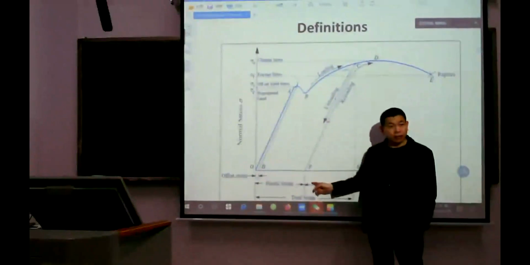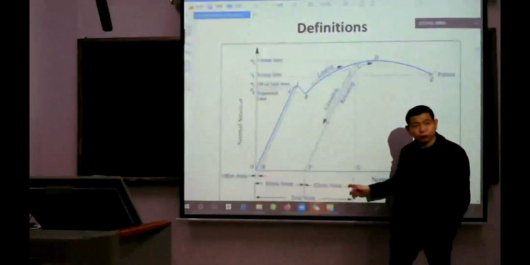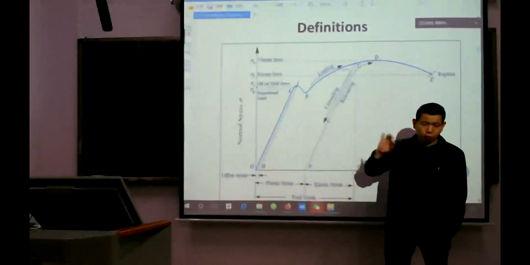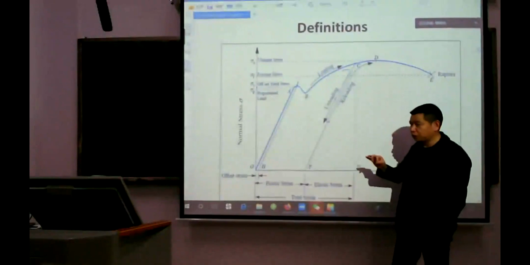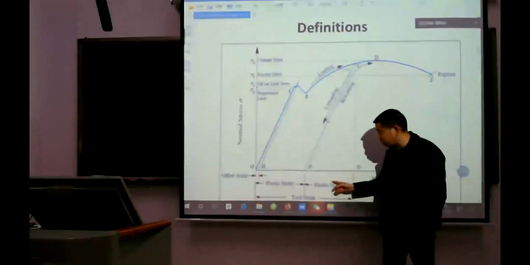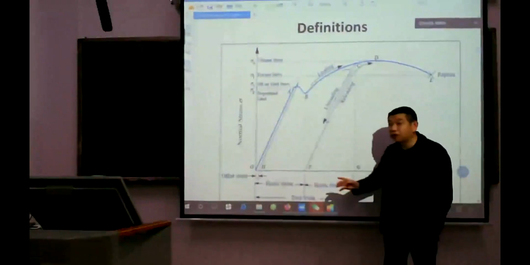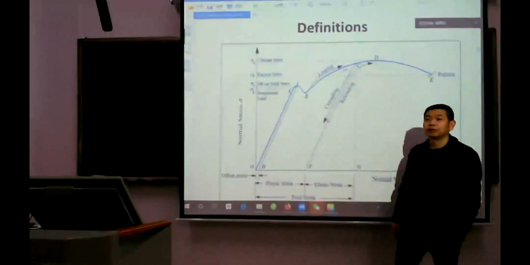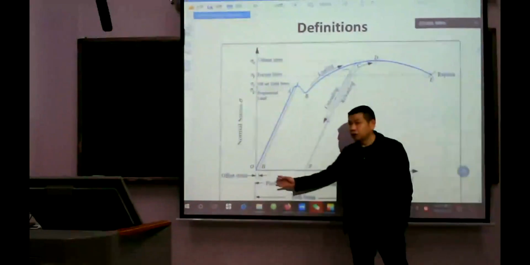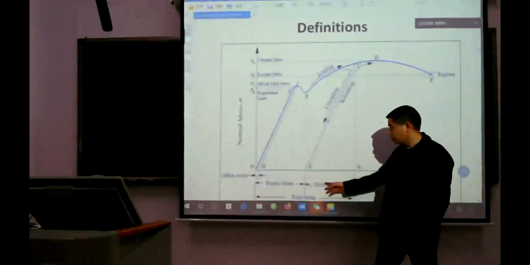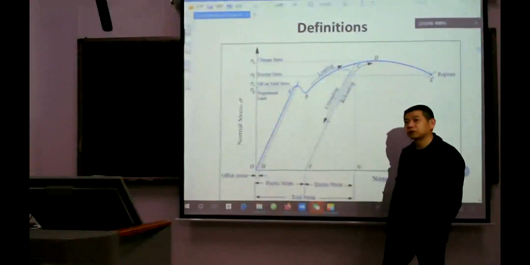This kind of deformation, when the load is removed, also disappears. We call it elastic strain. So the strain has two parts. One is the plastic strain. The other part is the elastic strain.